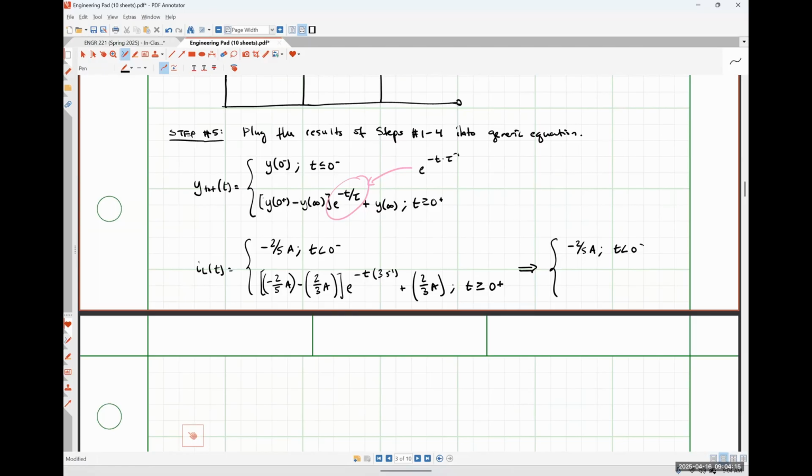Negative 2/5 minus 2/3, according to my calculator, is negative 16 over 15. And there we go. Just to make it incredibly obvious, these two things that I've underlined in pink are supposed to be the same thing.